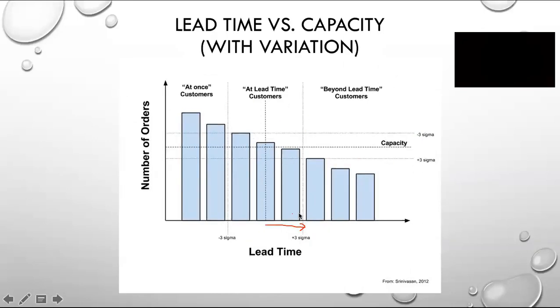So obviously, when we're dealing with lead time, we want to reduce the variation. Once again, I'm not going to answer the question of whether a shorter lead time or lower variability is better.